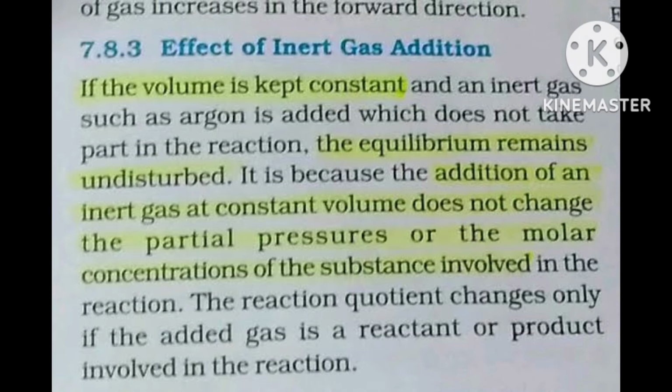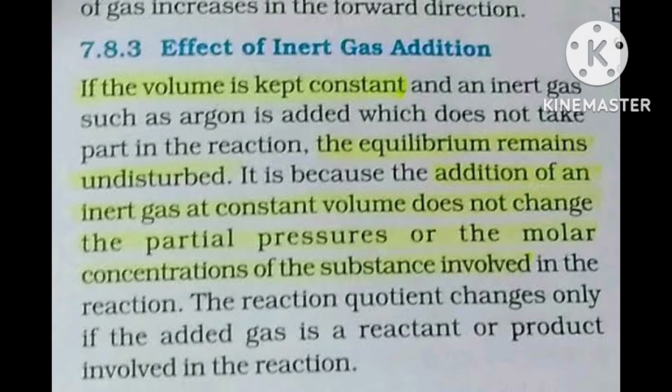When the temperature is low, the brown turns colorless. Colorless means N2O4 gas is formed. The equilibrium shifted towards the forward direction, because it was brown and now it is becoming colorless, meaning N2O4 is forming. Reactant is giving product, so equilibrium shifted to the forward direction.